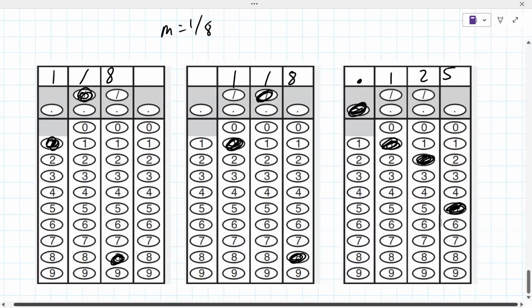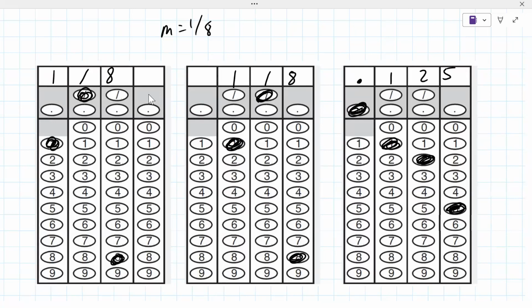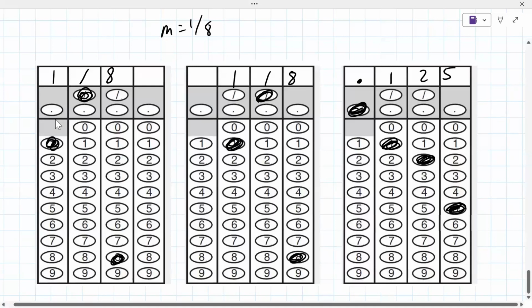So there is something here that is important. Is there anything you notice that's missing from the free response? The zero, the first zero? There's definitely no zero to start. That's true.